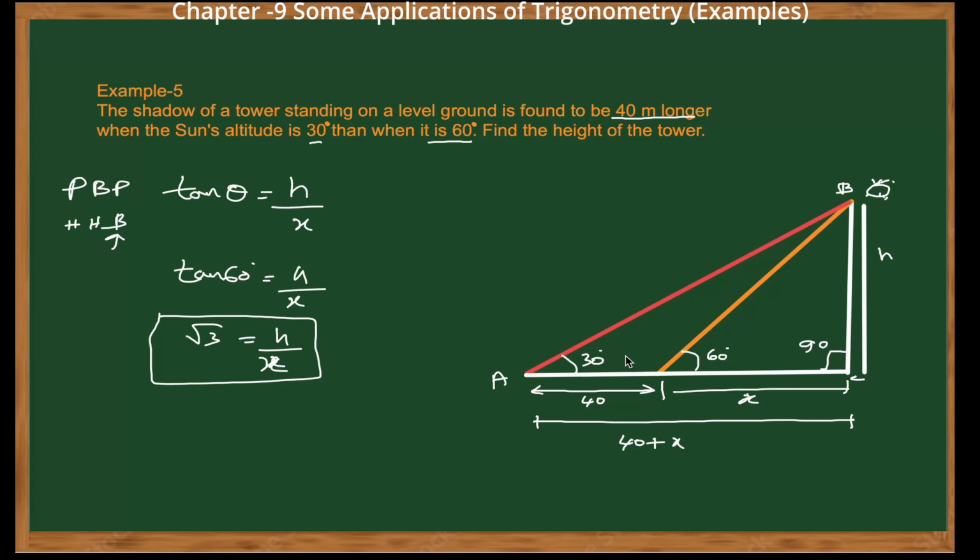Now let's find what we get with this other angle. It's still the same thing, only this distance changes here, AC. So tan theta, where theta is 30 degrees, and the perpendicular remains the same, the height.